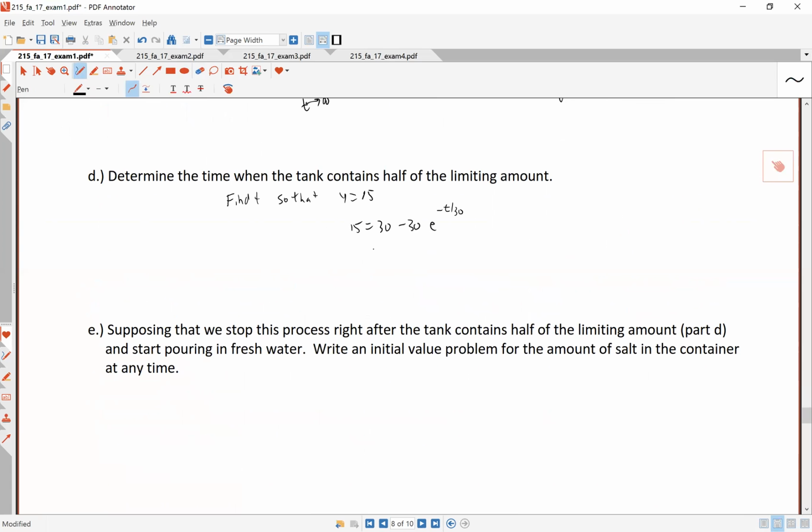Negative 15 over negative 30 is 1/2. Take the natural log of both sides. t is equal to negative 30 times ln of 1/2, or 30 times ln of 2. All right, that's when the tank contains half the limiting amount.